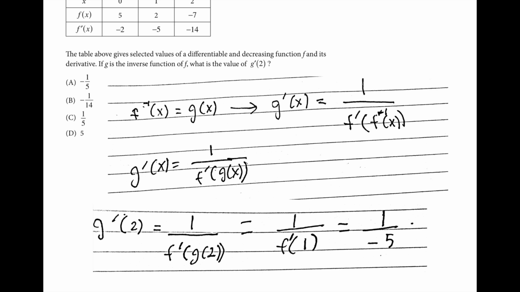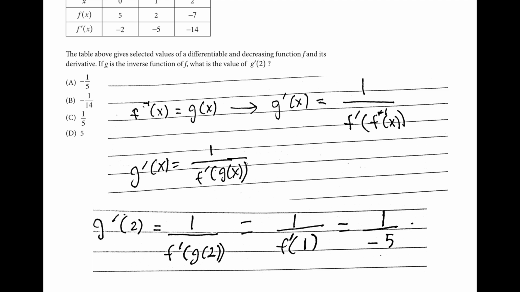Now this might be tricky because g of 2 is not given in the table, but g is the inverse function. When x in the inverse function is 2, that means in the original function the value of y is 2. So check where f of x equals 2, it's at x equal 1. So g of 2 is 1.